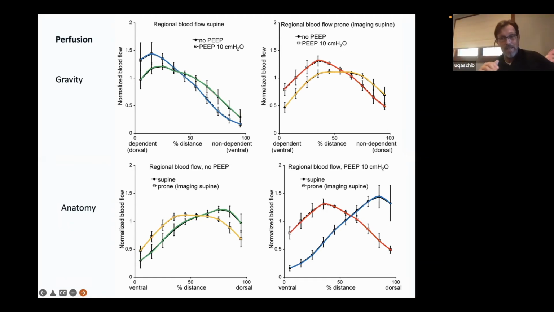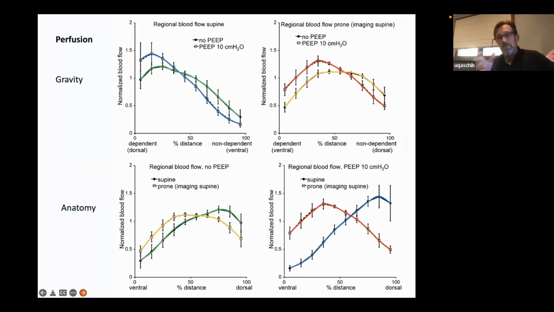Most ARDS patients have very consolidated lung in the dependent part of the lung, and that's why we put them from supine to prone. But the reason they improve from supine to prone is because we're shifting the lung tissue within the chest.